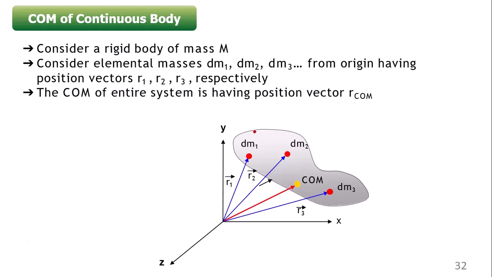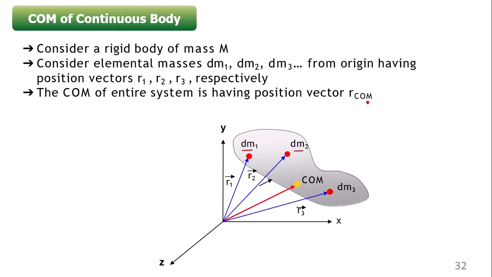So instead of considering the different masses, I am saying dm, dm, dm. These are the different elemental masses. So I want to calculate the mass moment of this dm, mass moment of dm2, mass moment of dm3, like this way.